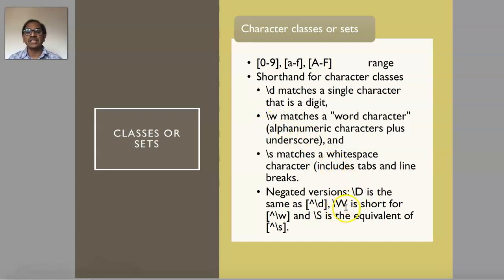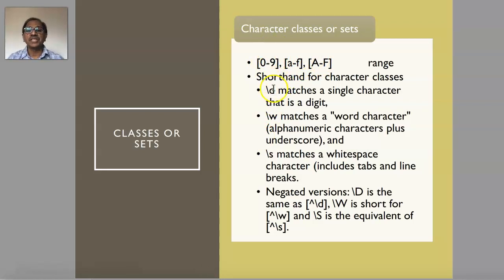Similarly, backslash W, capital W, means not backslash w. And backslash S, capital S, is the negation of small backslash s. So you see, you can mention a range by using a hyphen.